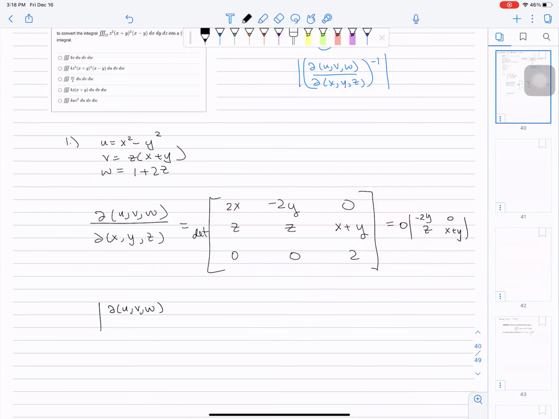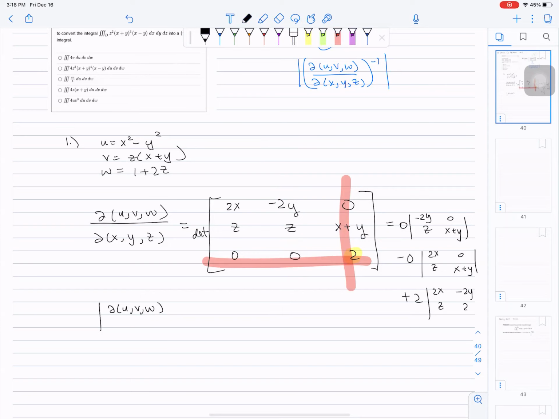And then for minor expansion, the signs alternate. So again, I'm looking at the third column. I've used 0. And I look at the second term, so minus 0 times, imagine canceling out that row and that column, I have 2x, z, 0, x plus y. And then I add my last number, which is 2 times what's remaining. Cancel these out. What's left is 2x, z, negative 2y, z.